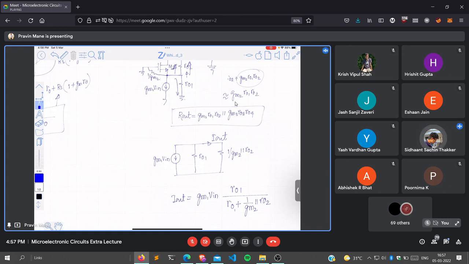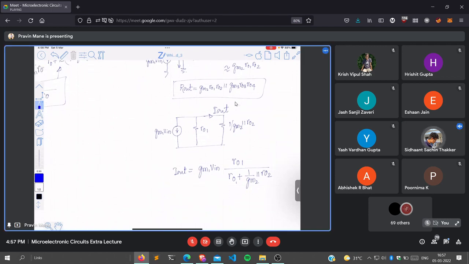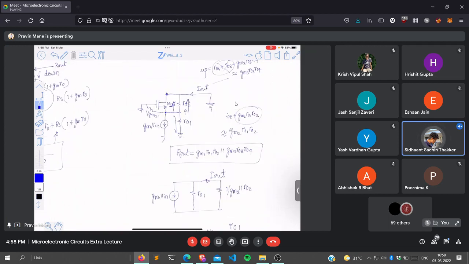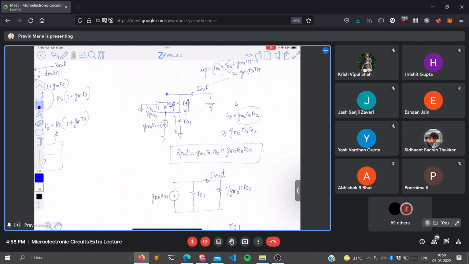Yes, sir. So I have one question. Why did we say that RO1 and 1 by Gm2, RO2 are not in parallel? Is it because different currents are flowing? No, they are in parallel, but I am not interested in voltage, I am interested in current.